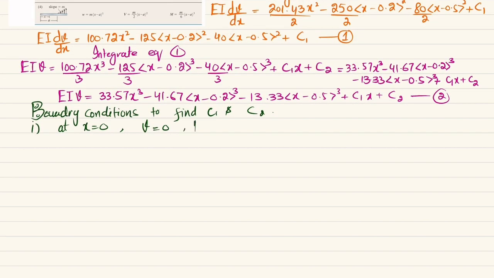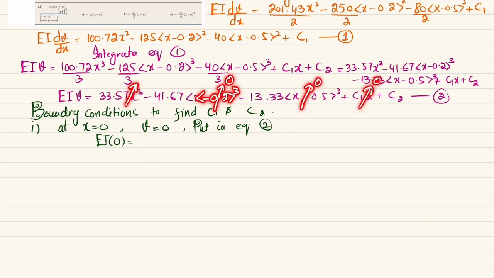So put in equation 2: EI into 0 equals, every term vanishes since any negative term inside the Macaulay bracket is 0, and C1 into 0 is 0, so we are left with C2. So C2 is equal to 0.